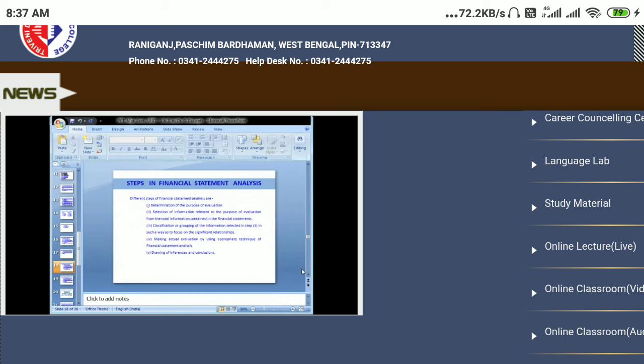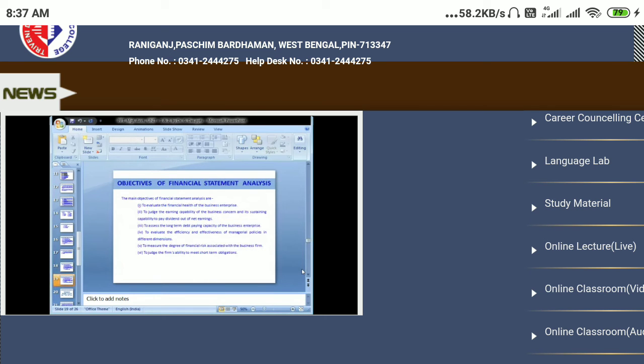Third, classification or grouping of the information selected in step two in such a way as to focus on the significant relationships. Fourth, making the actual evaluation by using appropriate techniques of financial statement analysis. Fifth, drawing of inferences and conclusions.